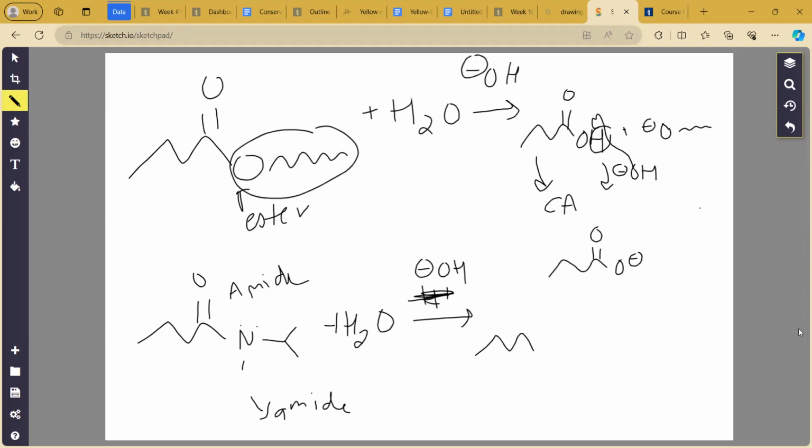So again, it's the same first step. This is the first step. But this right here is the base, so it's not going to react again. This will. So do you see how it can go both ways? It can be both.